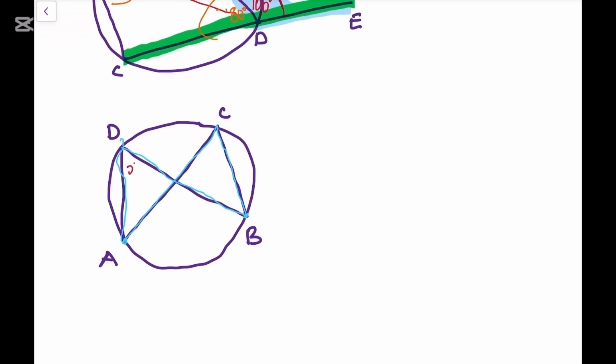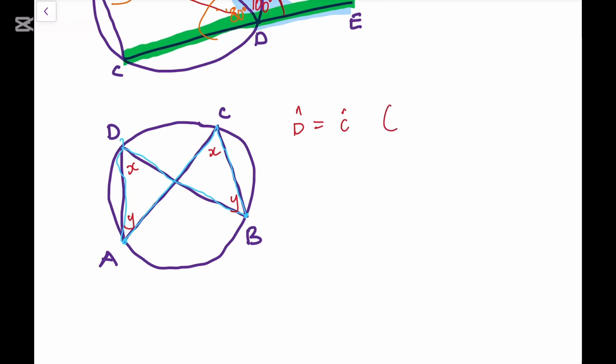If this one is X, this one will also be X. Even angle A and angle B are also equal. If this is Y, this one will also be Y. So you just say angle D is always equal to angle C.